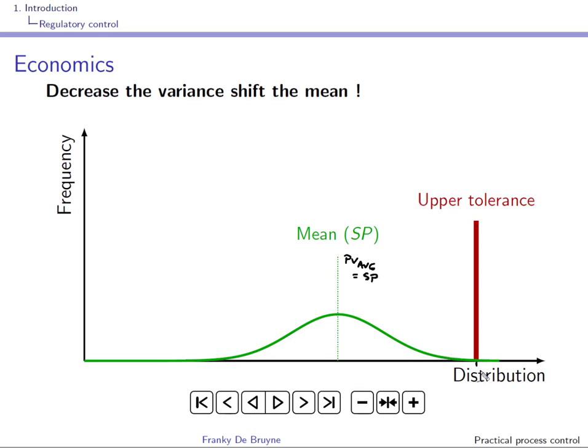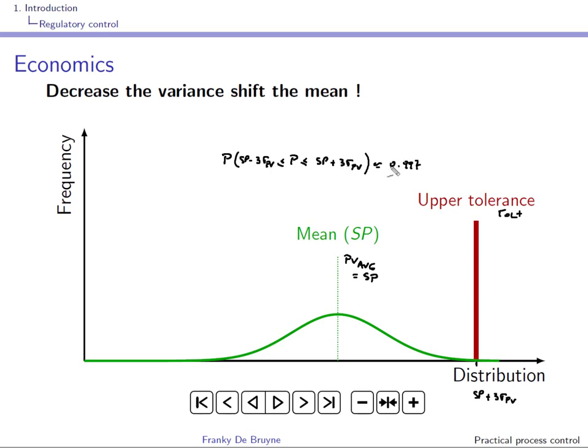So by ensuring that this point here, set point plus 3 times sigma on PV, corresponds to the upper tolerance, you make sure that the probability that the actual PV will be in the interval set point plus 3 times standard deviation on PV and set point minus 3 times sigma on PV is approximately 0.997.